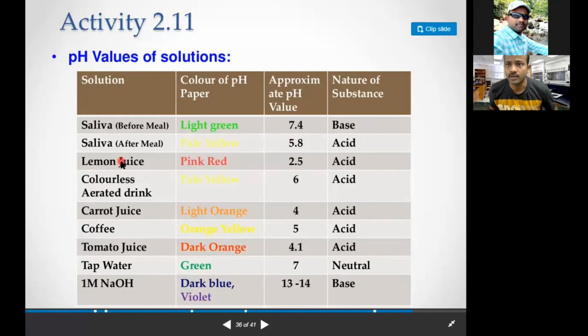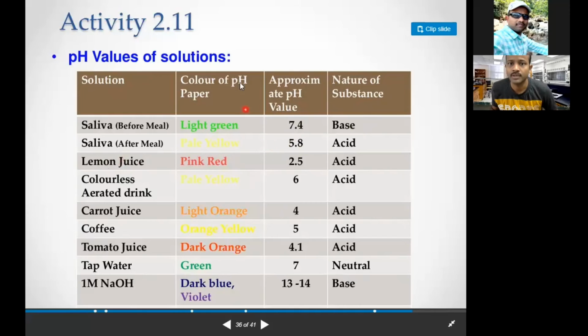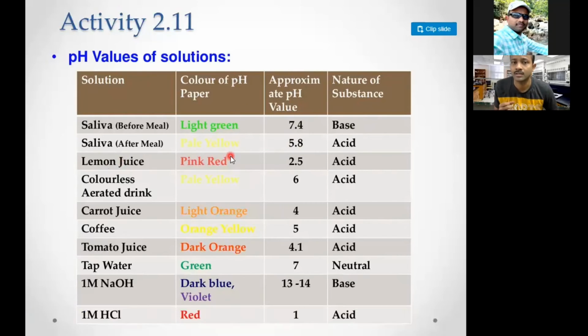So after a meal, our mouth will become acidic, right? Saliva will become acidic after a meal. After a meal, the pH value is 5.8, so the pH paper gives a pale yellow color. Before a meal, our saliva is in neutral medium, with pH 7.4.